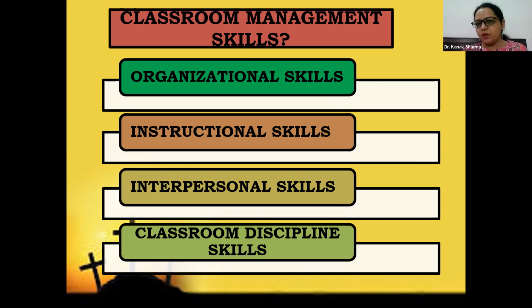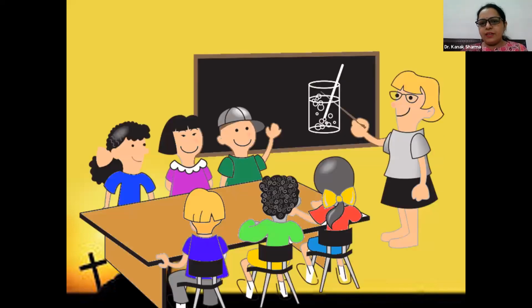These are the four core skills which come under classroom management skills. And under these skills, there are various things which I have discussed. And there are certain principles of classroom management.